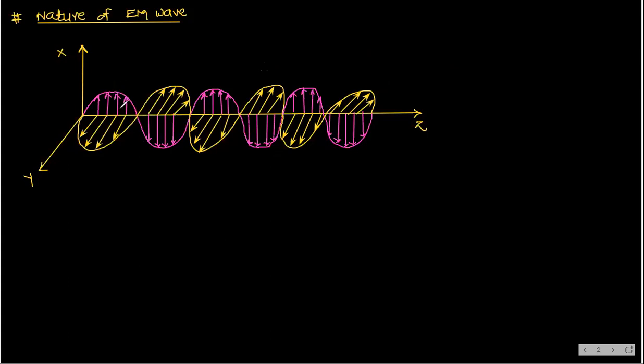So this is E, electric field vector, and this is magnetic field vector.